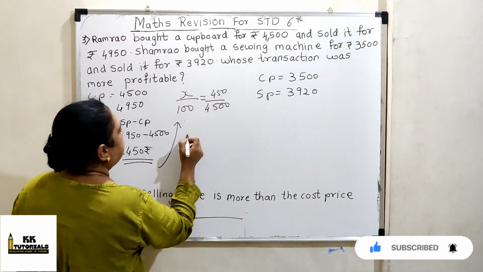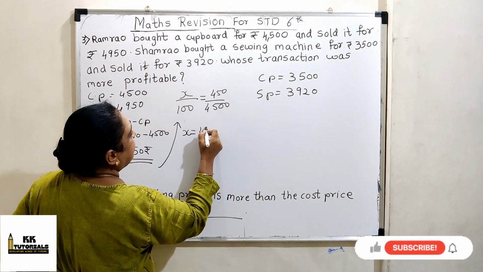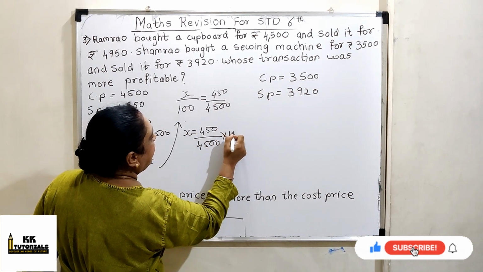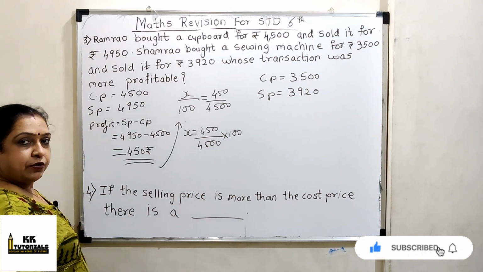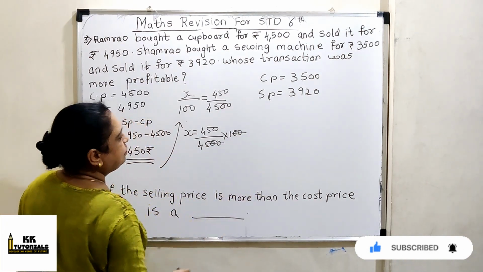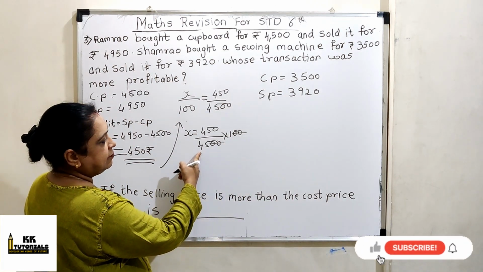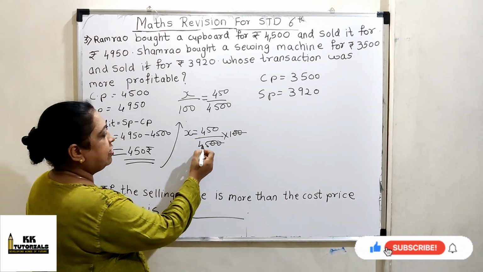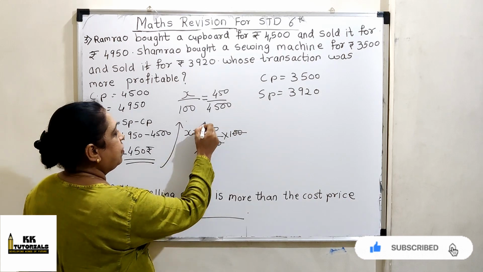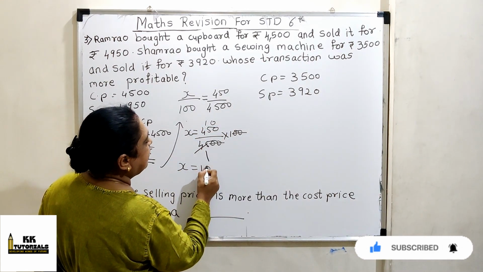Now x is equal to 450 upon 4,500 multiplied by 100. Got it? These two zeros will get cut with this 2 zeros. Here it is 45, and 45 ones are 45, and this 0. So x is equal to 10%.